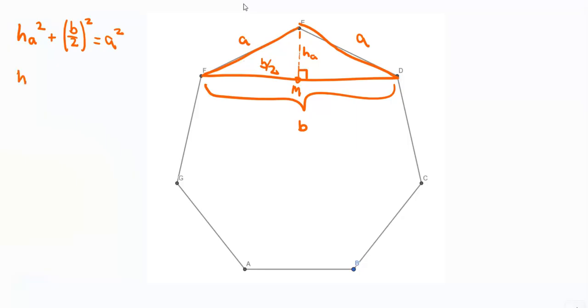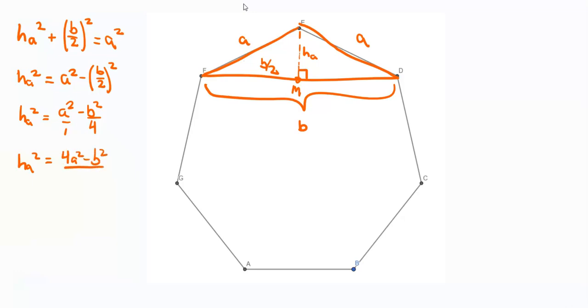So solving for H sub A squared, we'll get A squared minus B over 2 squared. So H sub A squared is equal to A squared minus B squared over 4. Doing some more algebra, the common denominator is going to be 4, so it's 4A squared minus B squared over 4.